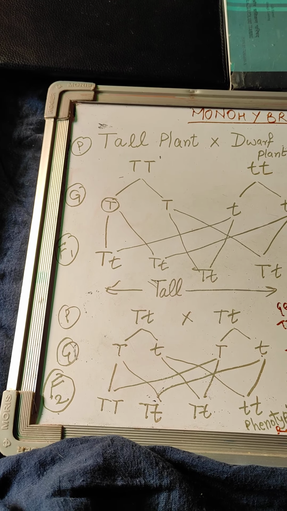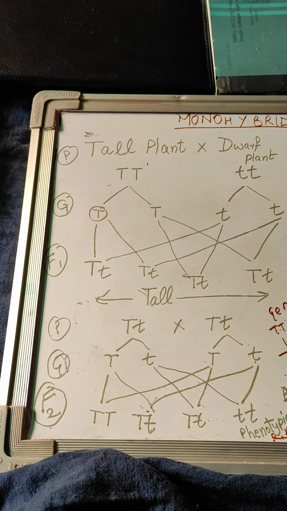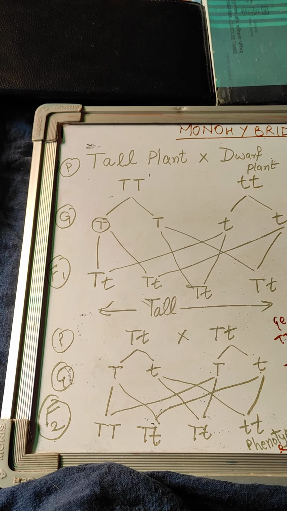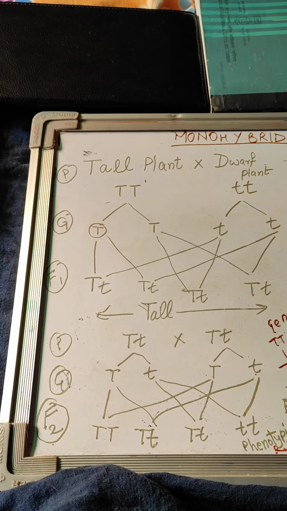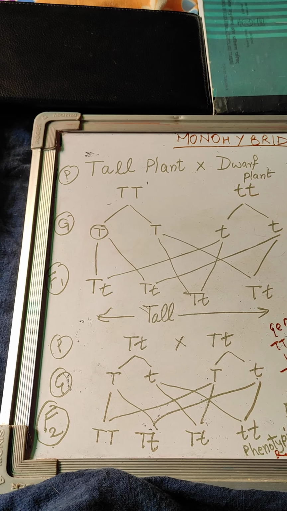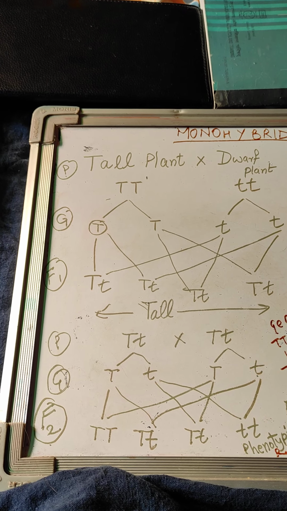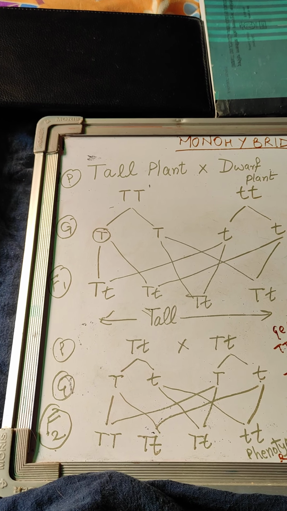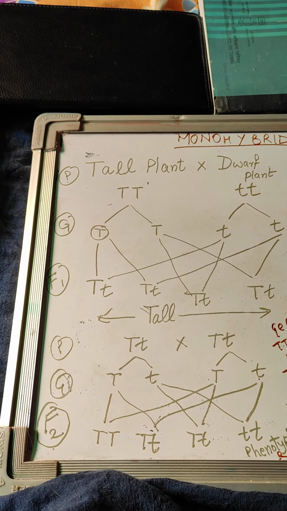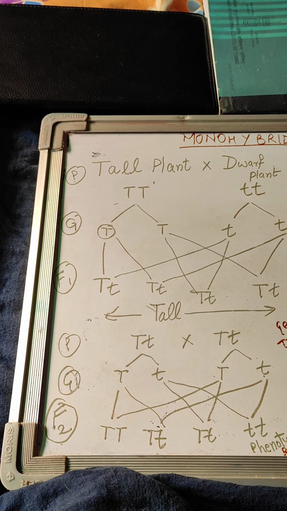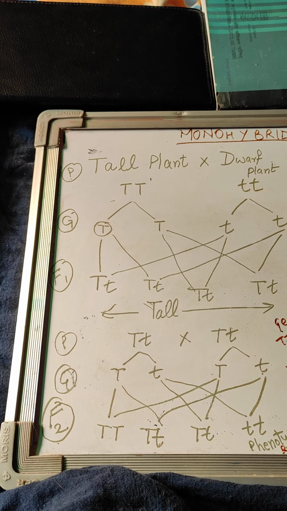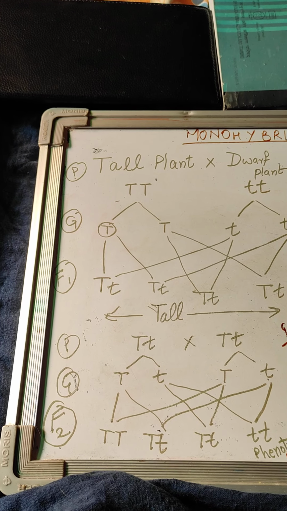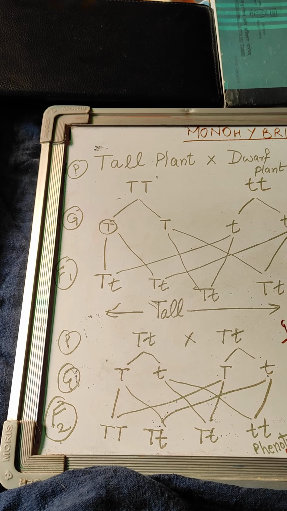In F1 we always find the heterozygous condition. The genotype is heterozygous, but the phenotype is always the dominating one. So we can say the dominating allele expresses itself, but the recessive allele couldn't express itself in the heterozygous condition. This is the law of dominance.